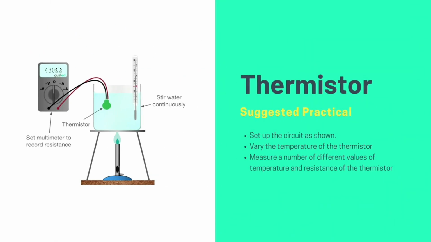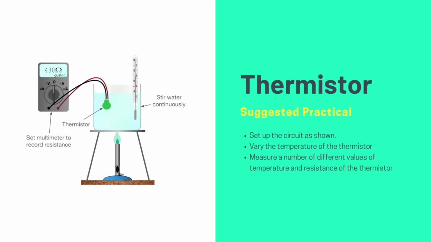There is a suggested practical for a thermistor, and basically what this practical does is it takes the thermistor, which is a small green thing, pops it in some water and attaches the thermistor to something called an ohmmeter. You can take your common multimeter in your class and pop it to the ohms setting, and you can attach it to any object and it'll tell you what the resistance of that object is.